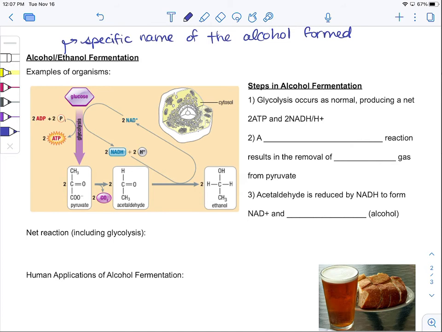Now, alcohol or ethanol fermentation, the types of organisms we would see this commonly used for are things like yeast, bacteria, and archaea. Okay, so again, these are all unicellular organisms.